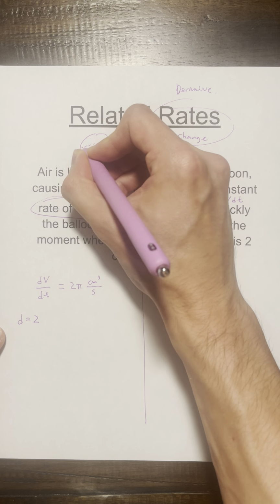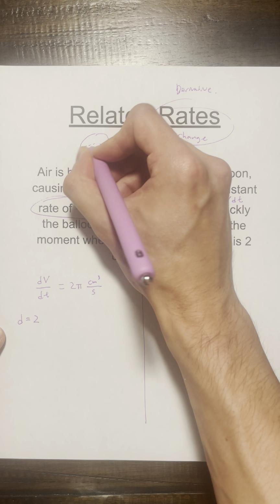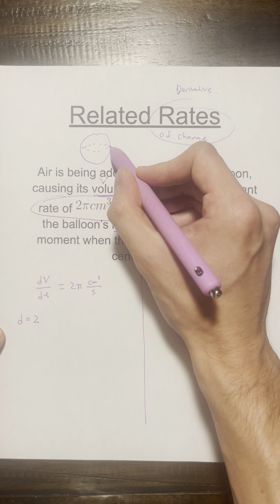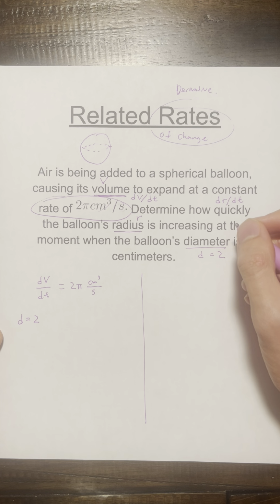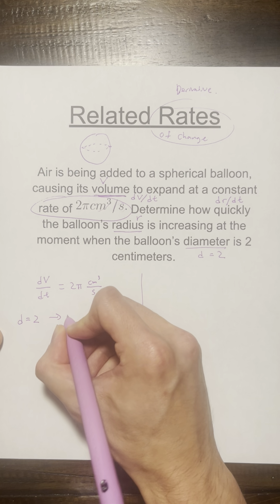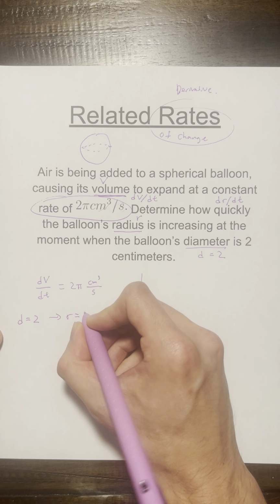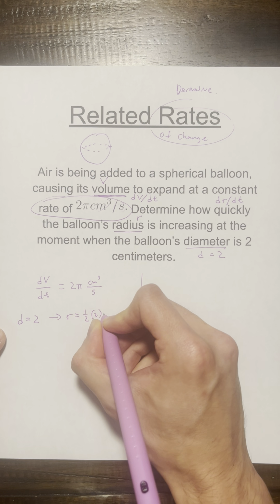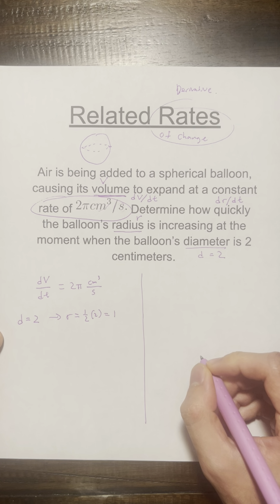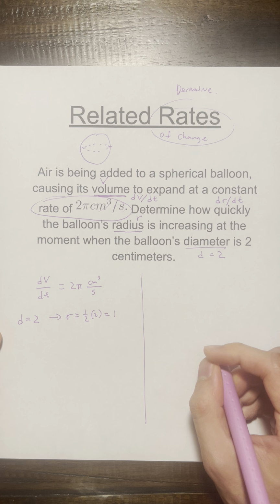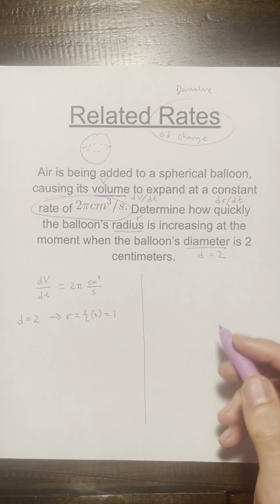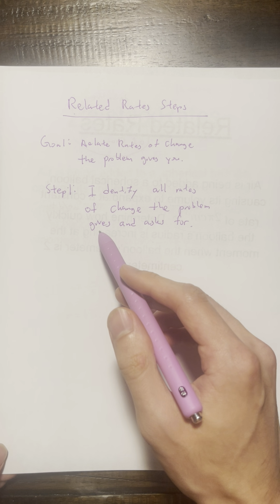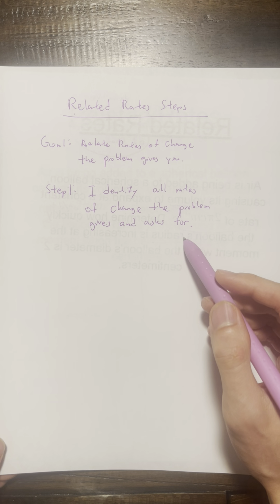So a sphere, if the diameter is 2, how long is the radius? The radius is going to be half of the diameter. So half times 2, which is 1. Okay, so we've identified all the rates of change that the problem gives and asks for.